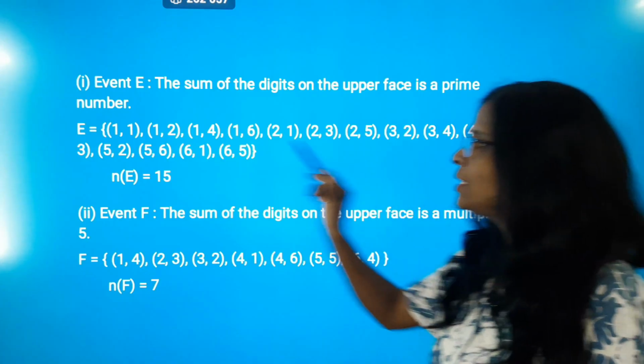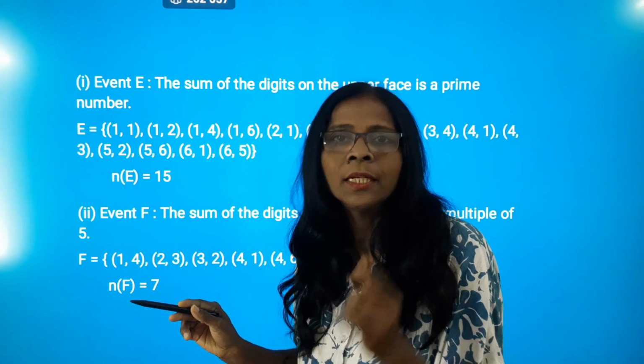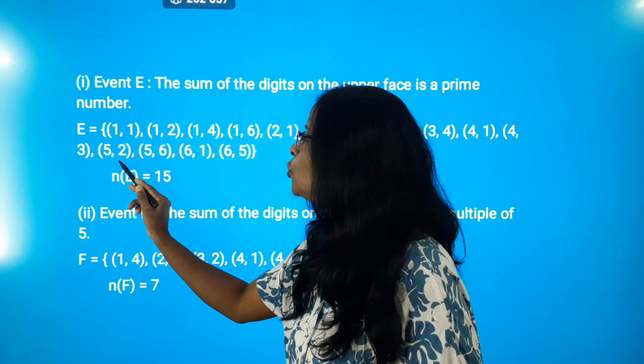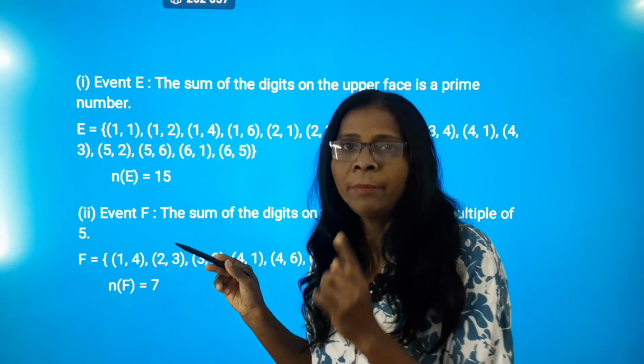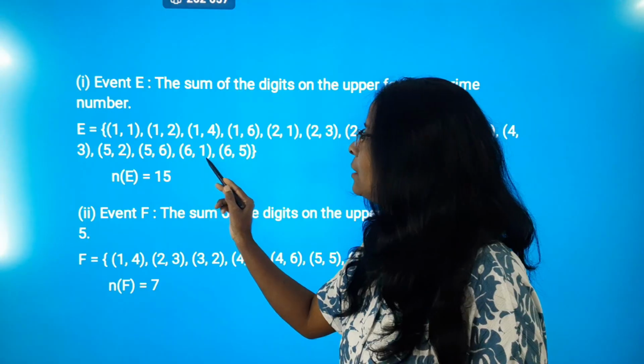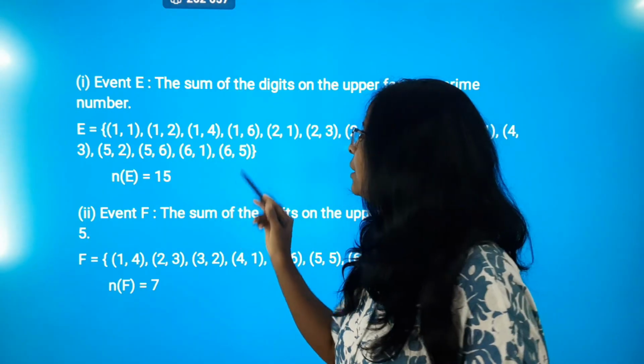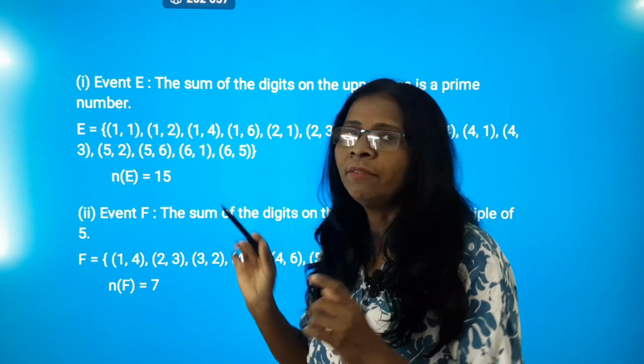Then 4 plus 3 is 7, prime number. 5 plus 2 is 7, prime number. 5 plus 6 is 11, prime number. 6 plus 1 is 7, prime number. 6 plus 5 is 11, prime number.